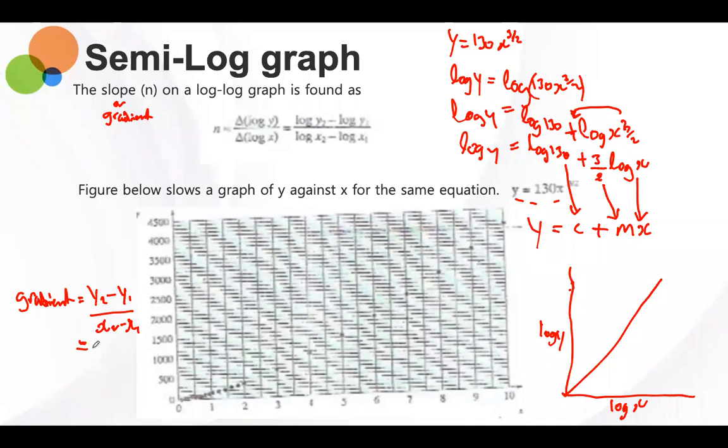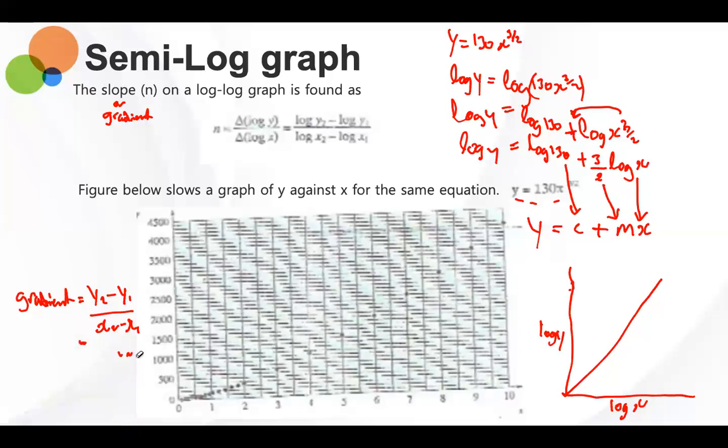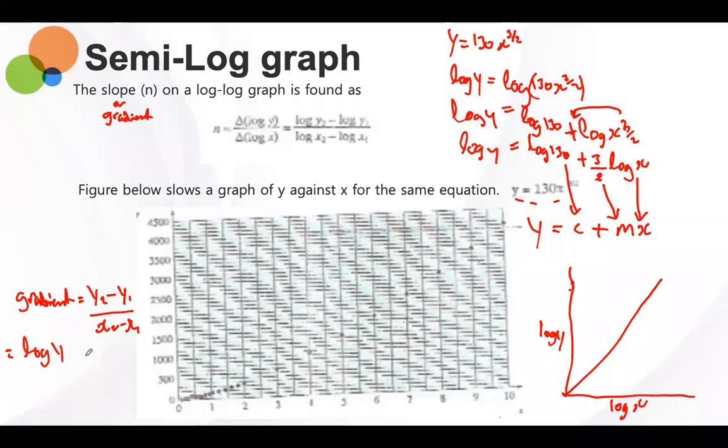I'll start you off again. We have log y2. What's the next step? We have log y2 minus... Come on guys, it's not really hard, very easy, right?